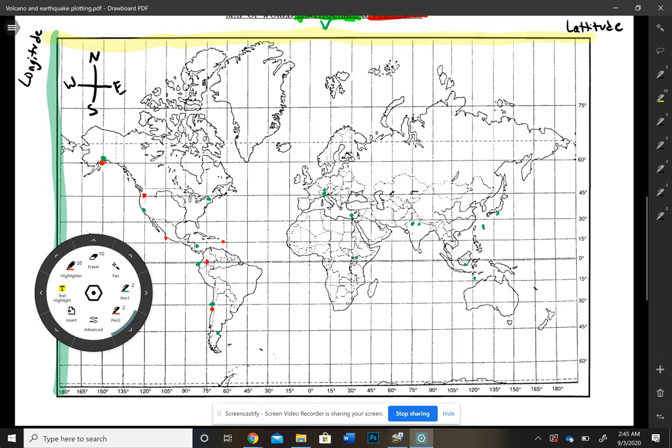Okay, 40 north. And when it looks weird, that's when you double check. 40 north, 122 west.